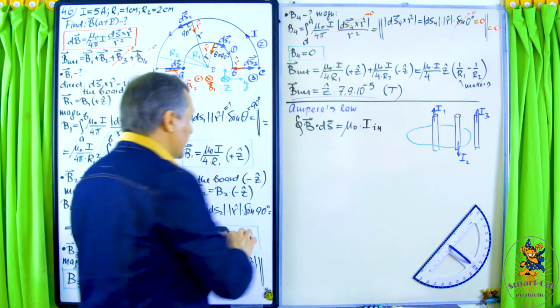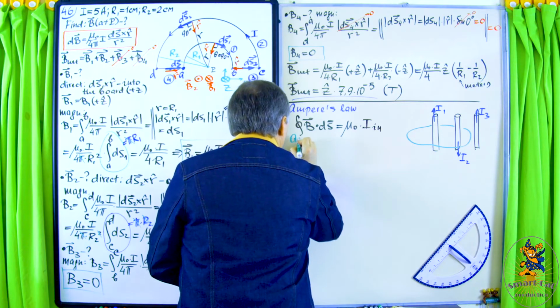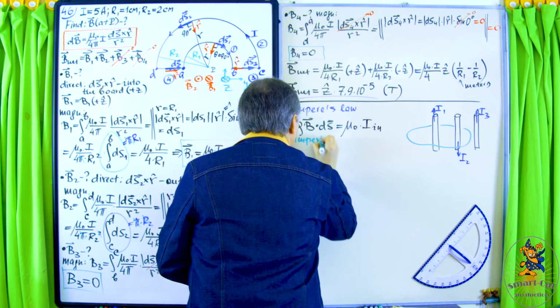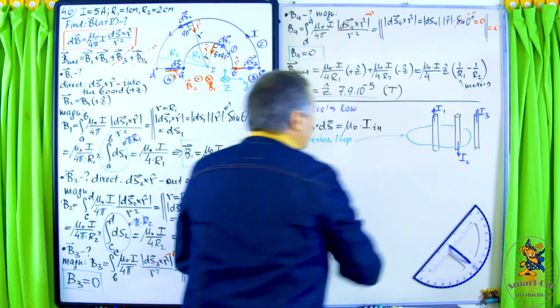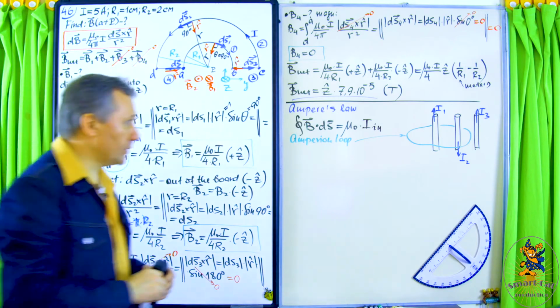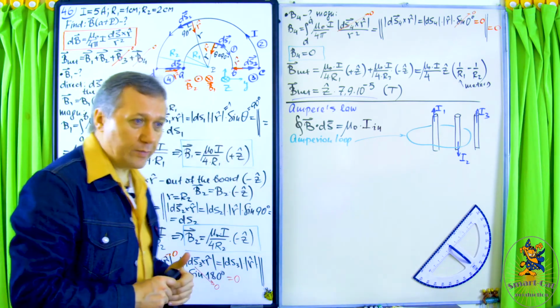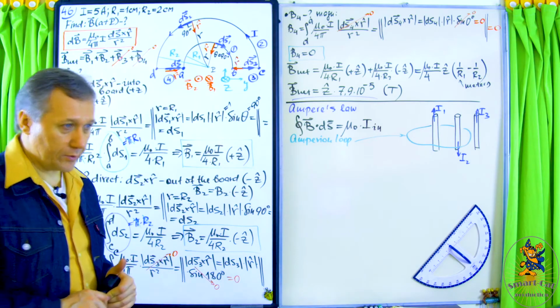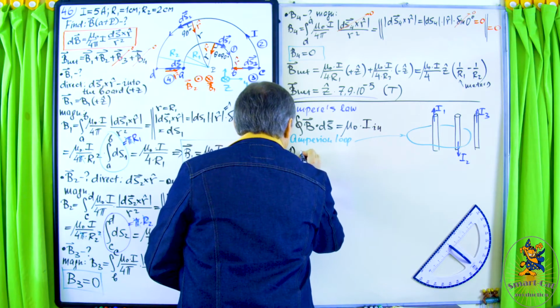And integration is done over that closed loop, and we usually call it Amperian loop. Okay, properties of this Amperian loop, or maybe I can say which steps we have to make in order to apply Ampere's law. So first, of course, you need to pick an Amperian loop.